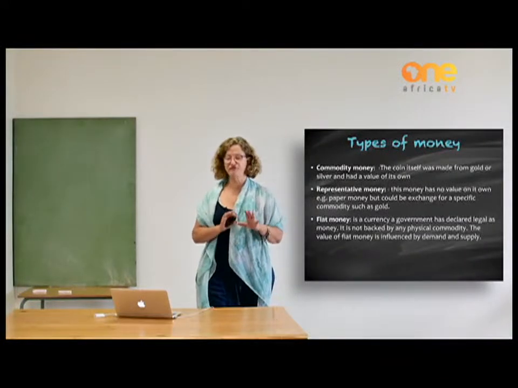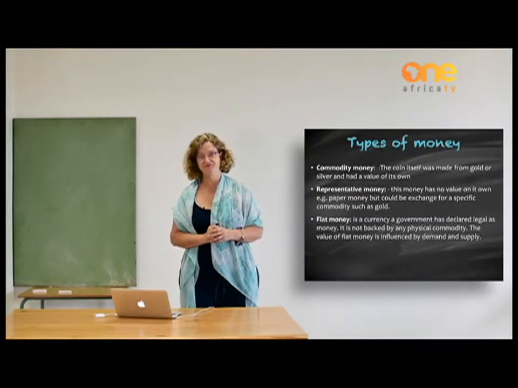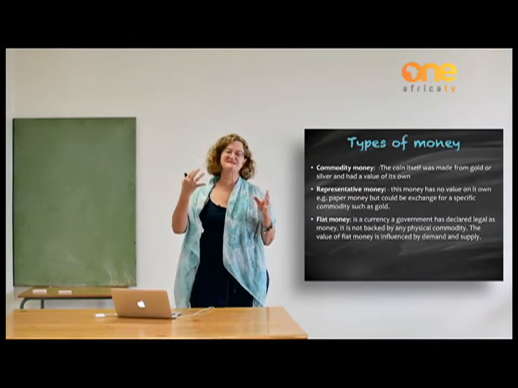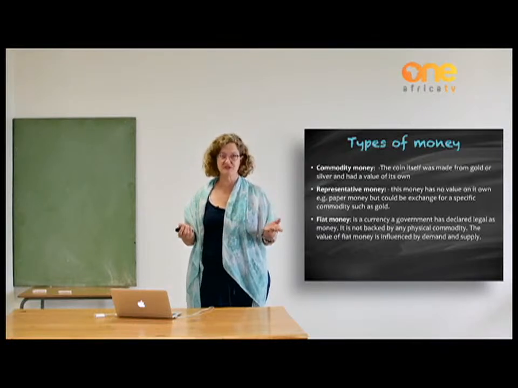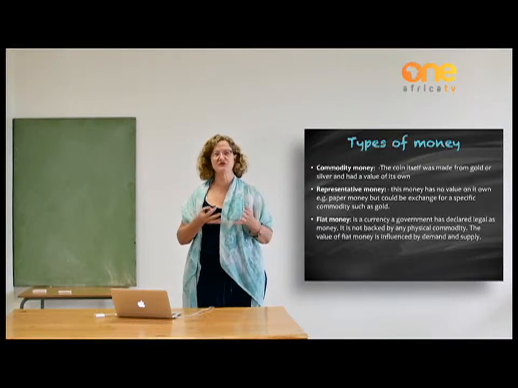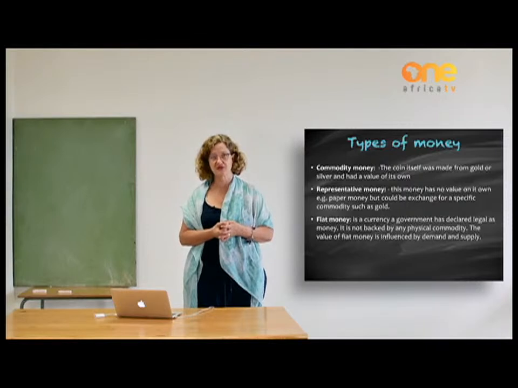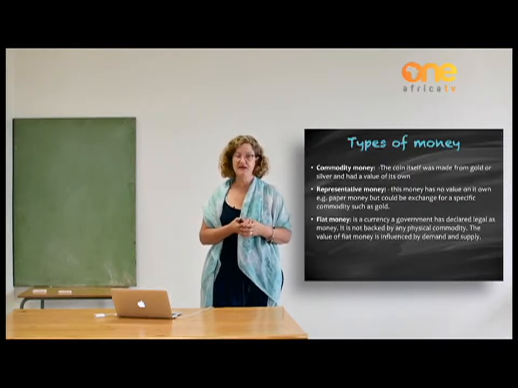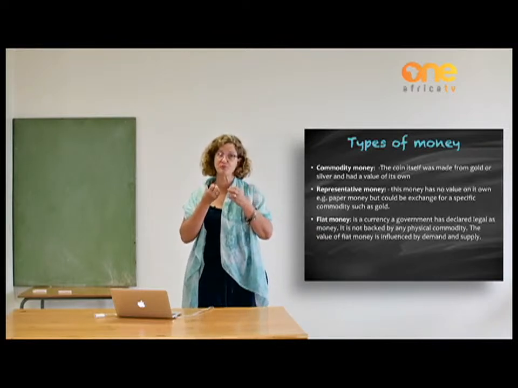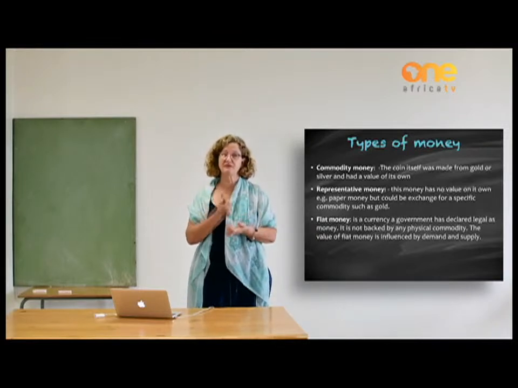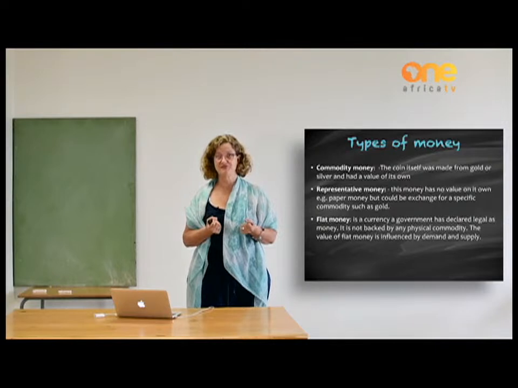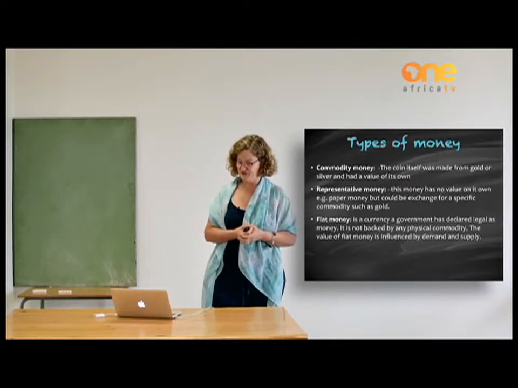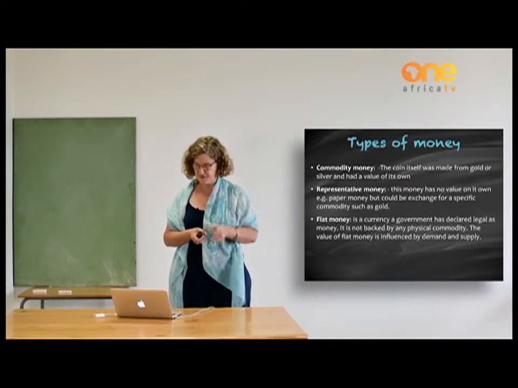Now we look at three types of money. When money started after barter, they say it started originally in West Turkey, in a part which they call Lydia. At that time, they just took pure gold and made a coin of that. And that was the first type of coins.